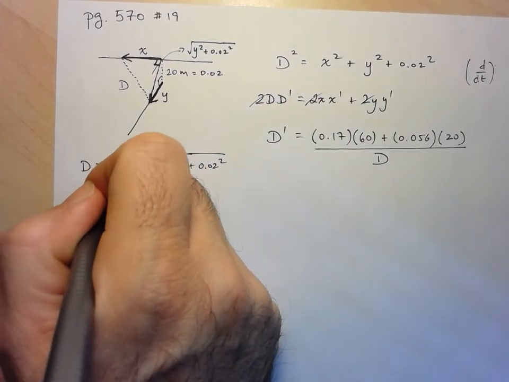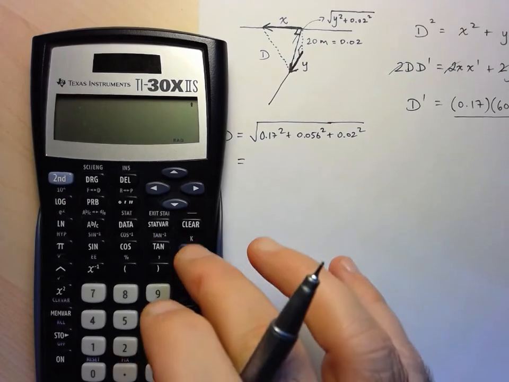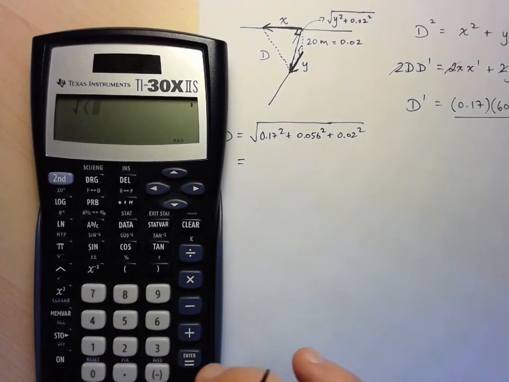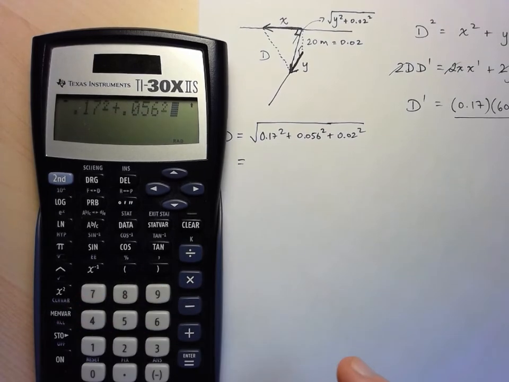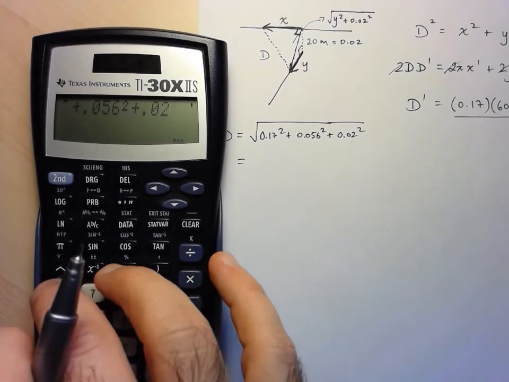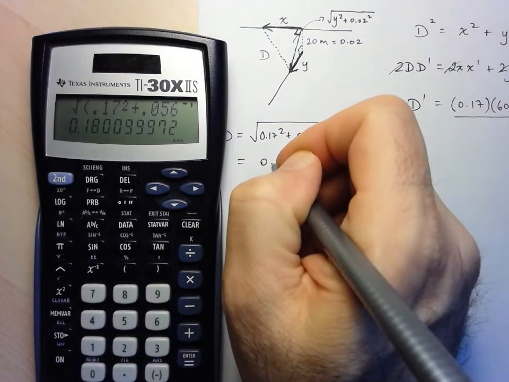So let's calculate that quickly: the square root of 0.17 squared plus 0.056 squared plus 0.02 squared gives me 0.18.